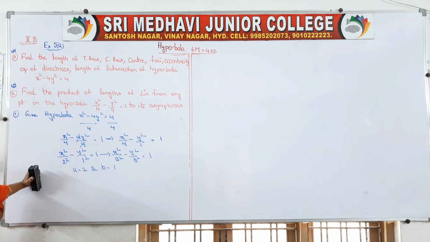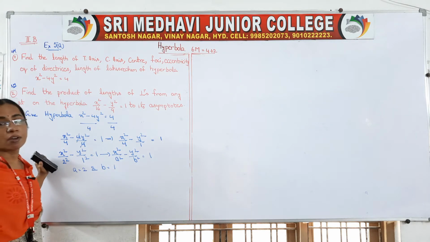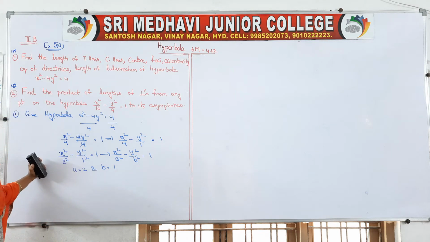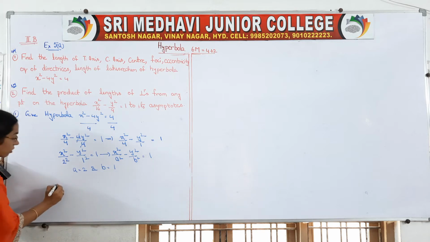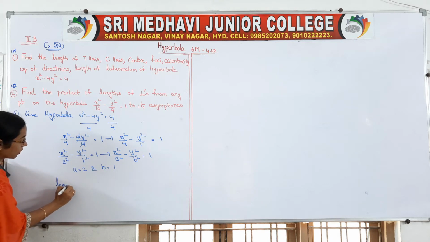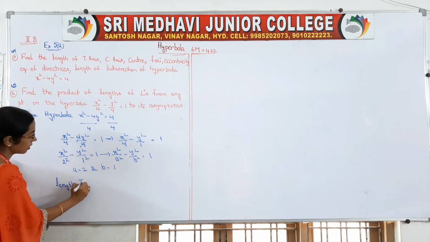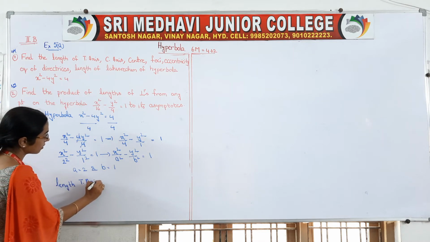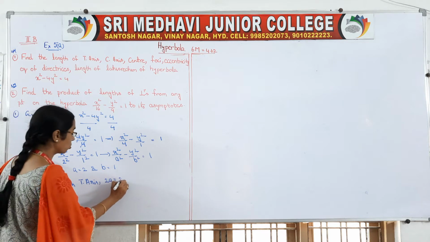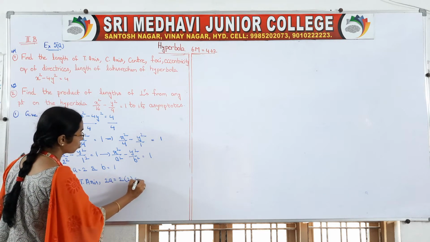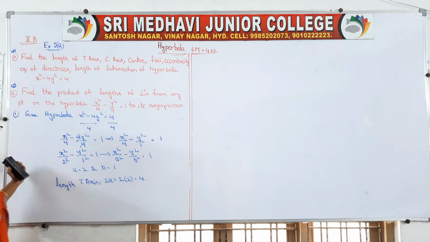Now come to your questions. Many questions are asked: find the length of transverse axis, conjugate axis, center, foci. First take the length of transverse axis. The formula is 2a, which is 2 into 2, so it is 4.